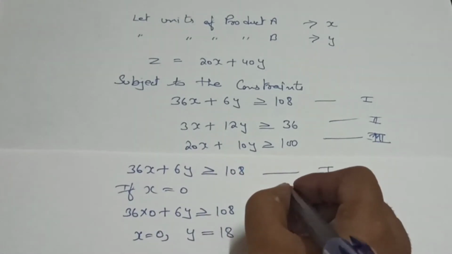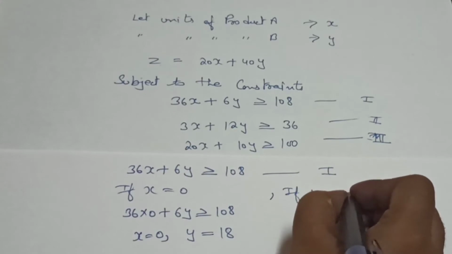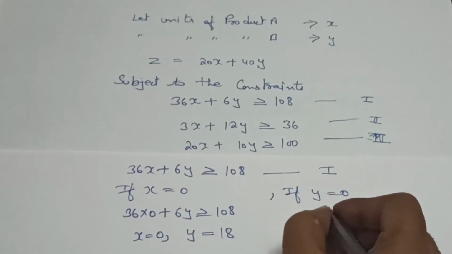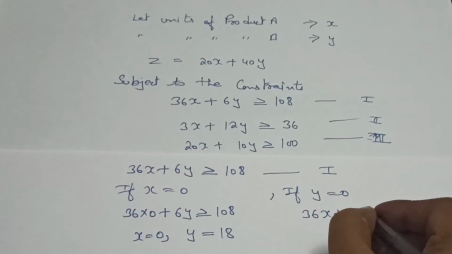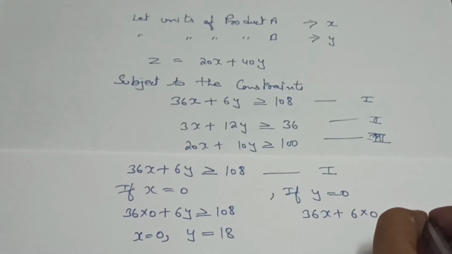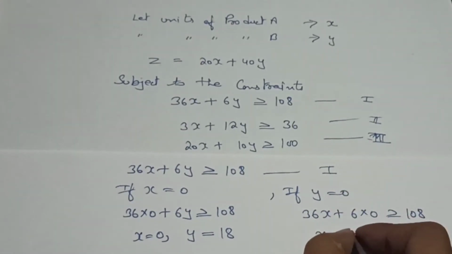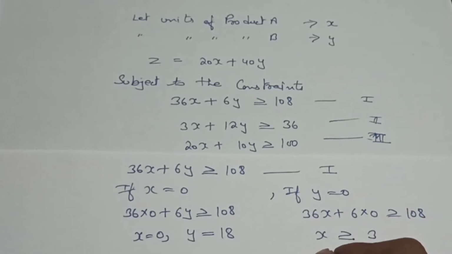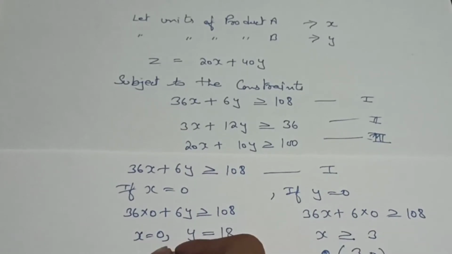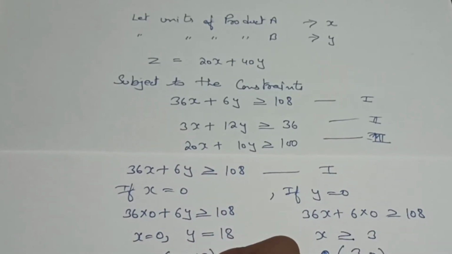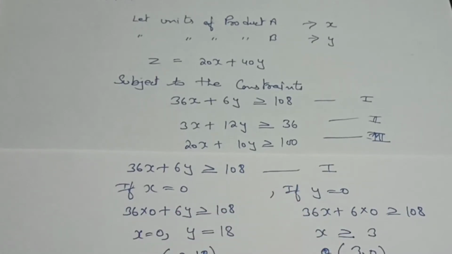If y is equal to 0, then 36x plus 6 into 0 is equal to 108. So we can say x is equal to 3. So the points are 3 and 0, and 0 and 18. This is for the first equation.